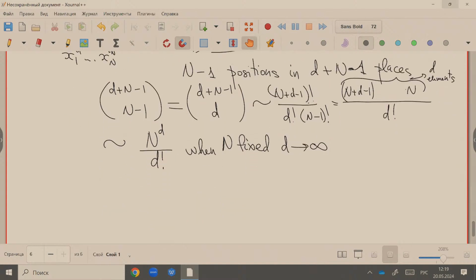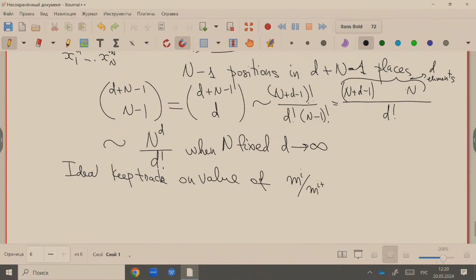In the polynomial ring, the dimension is precisely the number of variables, and the idea is to keep track of the value of this function, the dimension of m^i modulo m^(i+1).